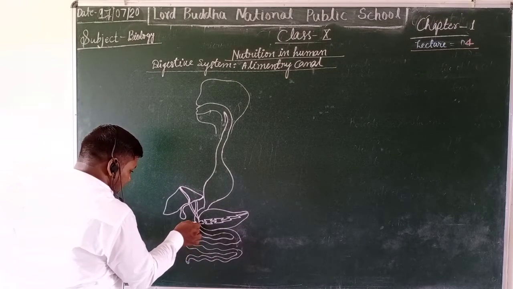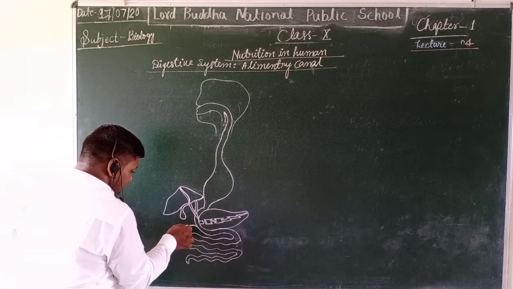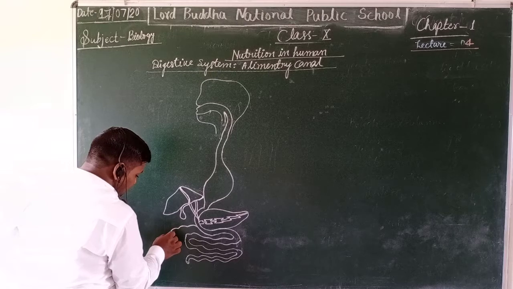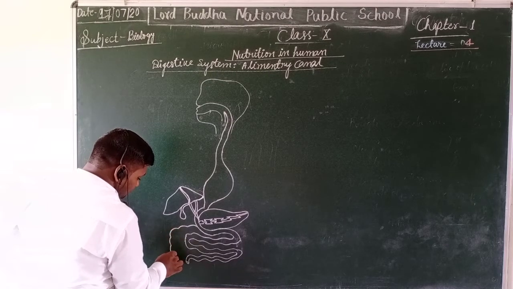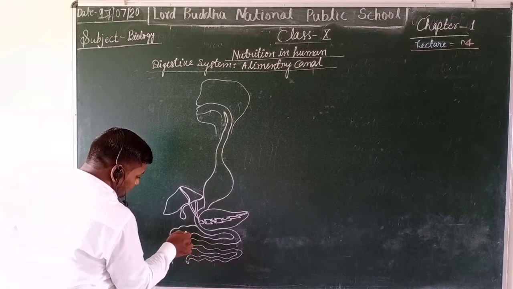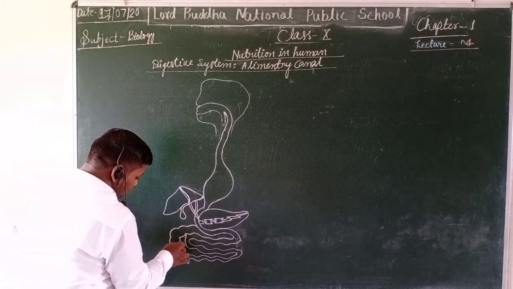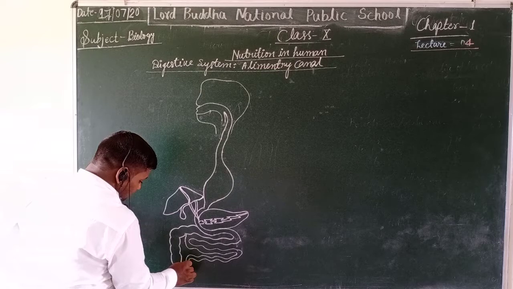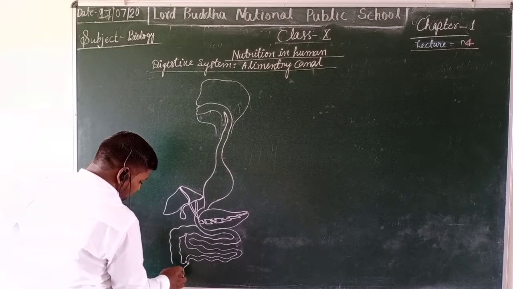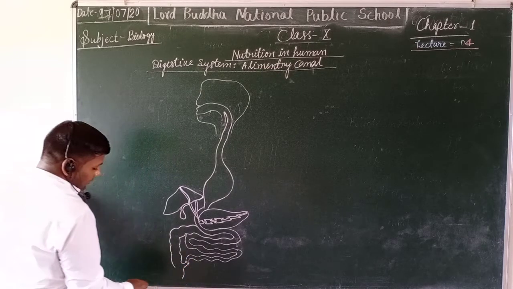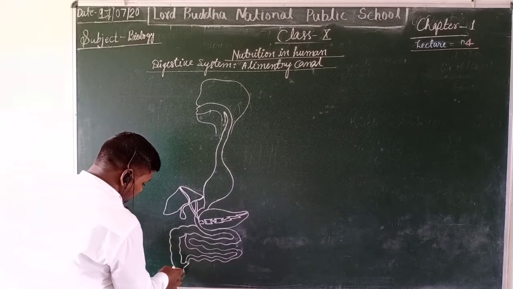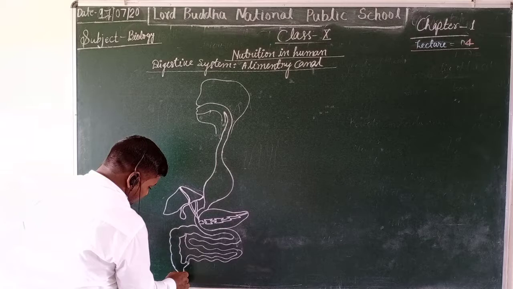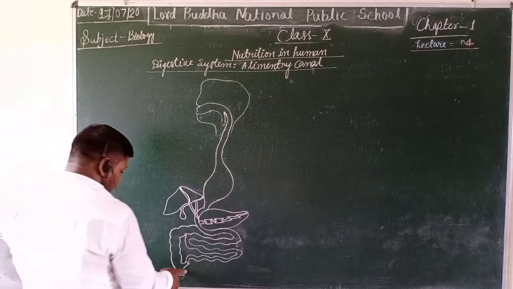The small intestine is completely surrounded by the large intestine with the colon. This part is the cecum, where the small intestine and large intestine join together.